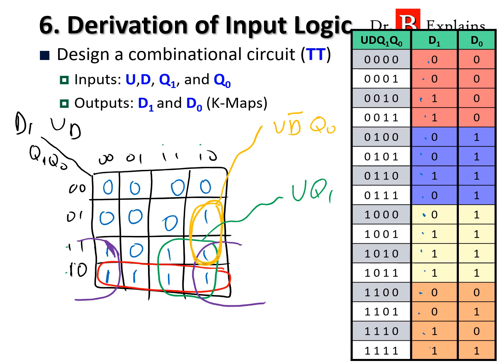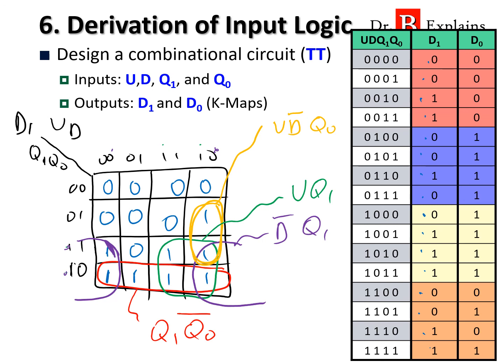Just double checking: 0 0 0 1 1 1 1 0, 0 0 0 1 1 1 1 0. Okay, and then I have this guy, which is Q1 Q0 not. Last one, the purple. Looking at this guy and this guy, that's a D naught, and then looking again at this and this, which is the Q1.